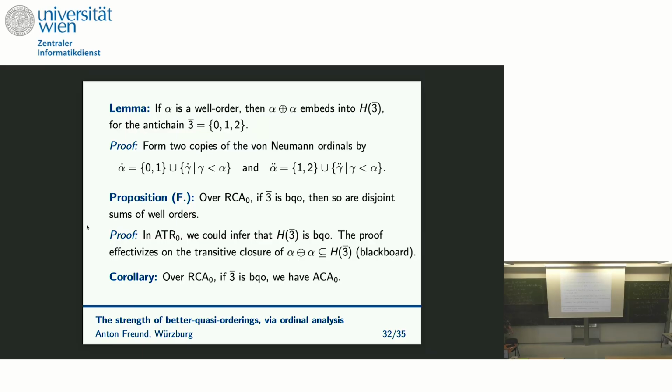You can also check this is a linear order, it just corresponds to the rank. And then above that, you will have the sets that use both OR elements. These are also essentially ordered by rank, except that things that use 1 OR element only correspond to that OR element, so you cut them down to this OR element, and then you compute the rank. So H of 2 looks like this, and you don't have 2 incomparable copies of the von Neumann ordinals. It's essentially linear, except that you have these 2.